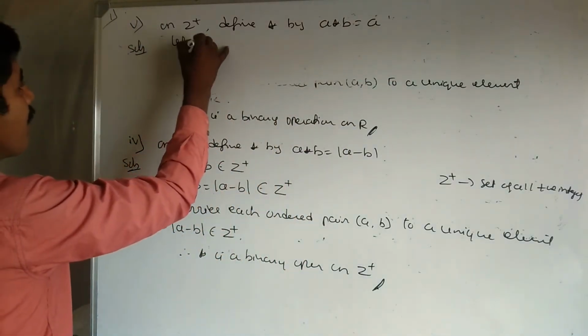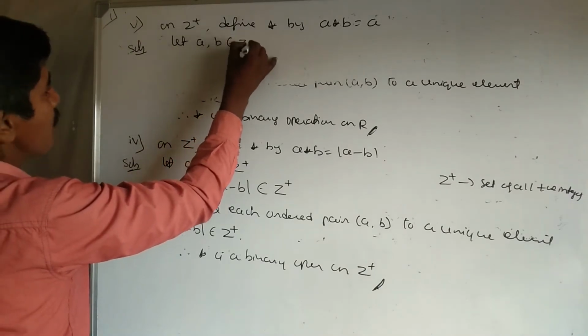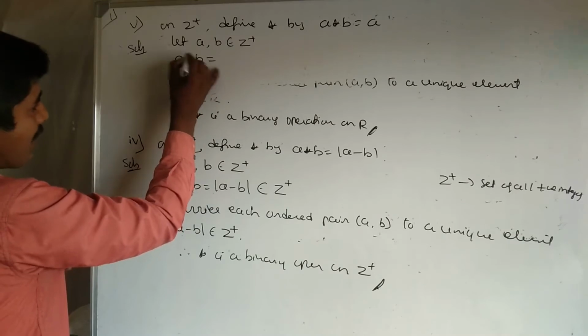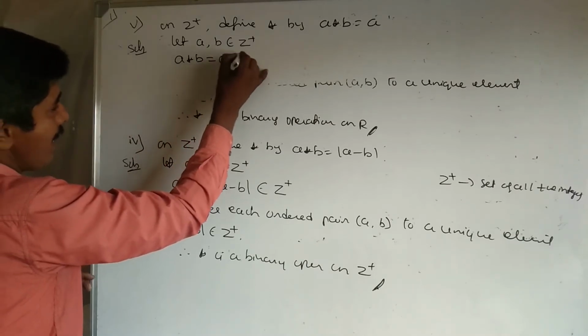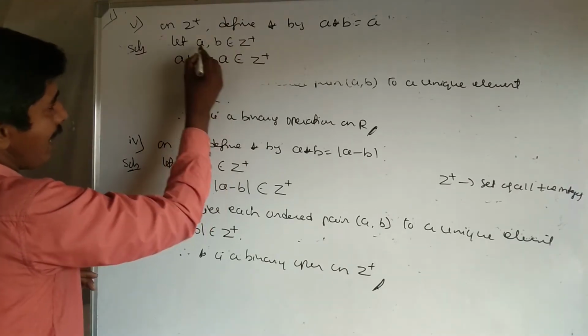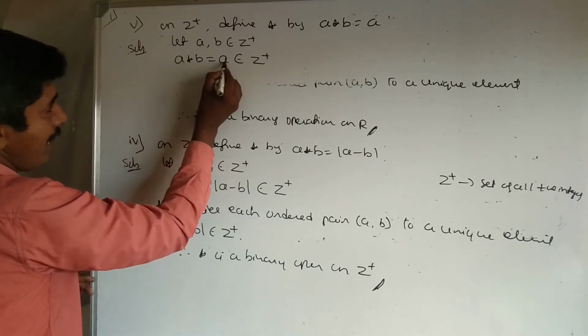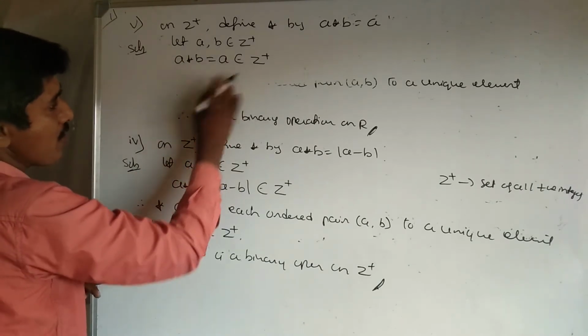Let a, b belong to Z plus. Then a star b equal to a belongs to Z plus. Here a and b are positive integers, and star gives a, which is also a positive integer.